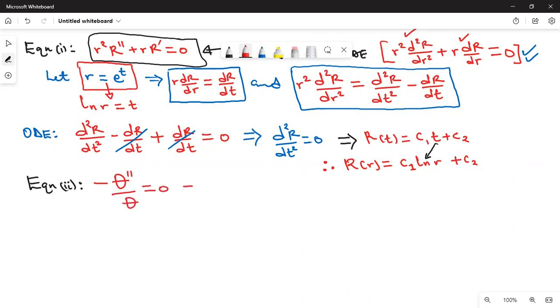If you cross multiply and simplify, theta double prime is equal to 0, of which if you integrate twice, you are going to get theta as a function of theta, call it C3 theta plus C4. C1, C2, C3, and C4 are arbitrary constants.